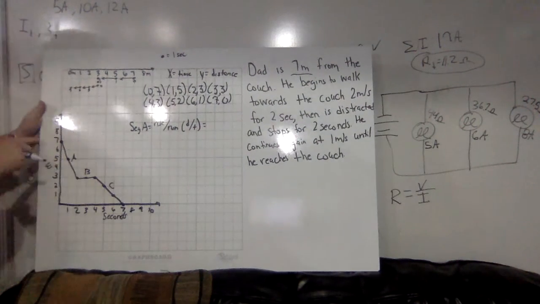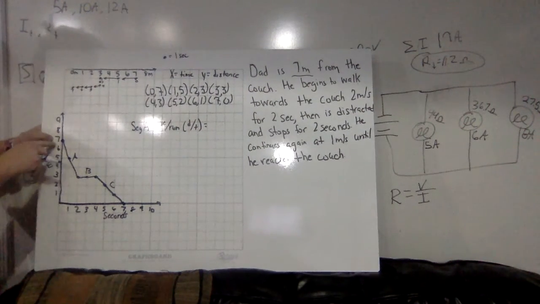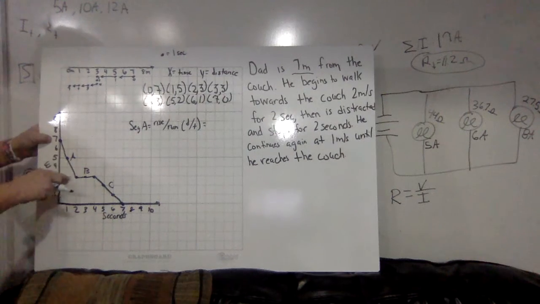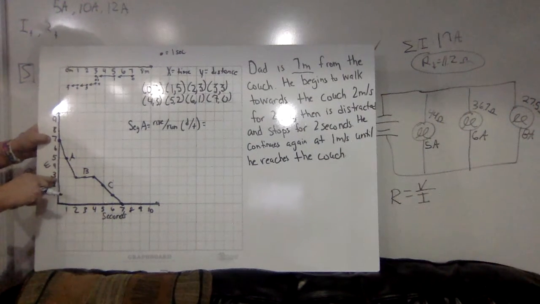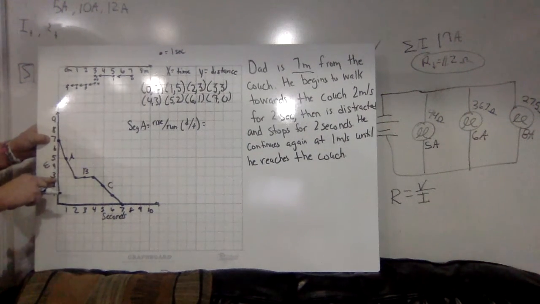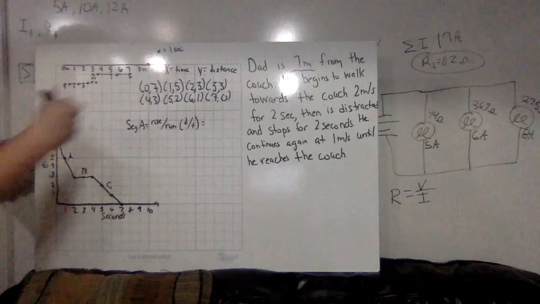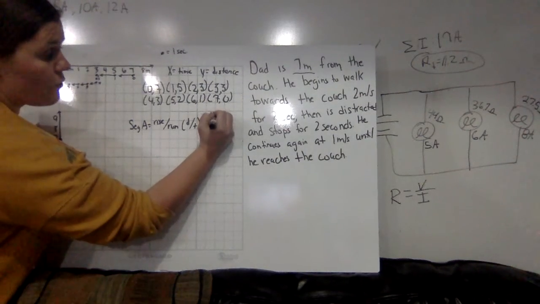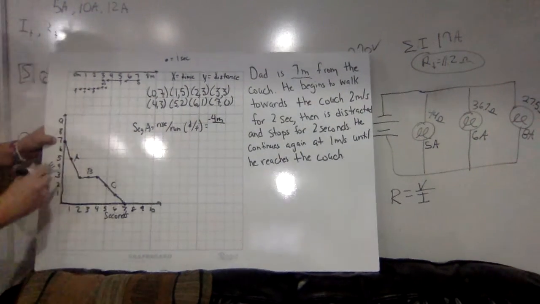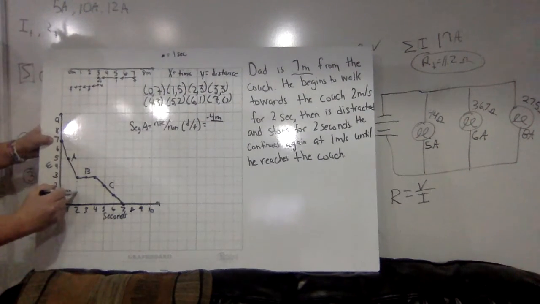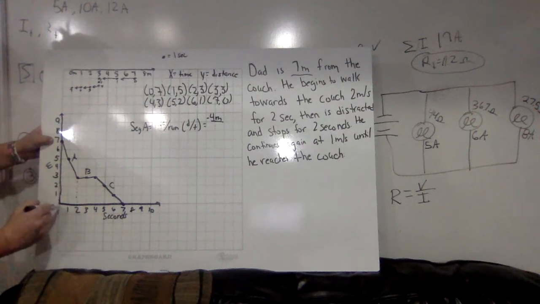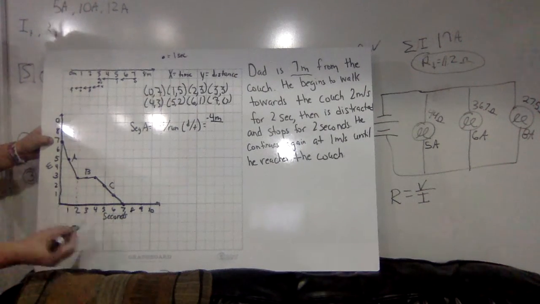For segment A, we went from 7 meters to 3 meters. So we went a total of 4 meters. But we're going down, so I'm going to make that a negative 4 meters. And that occurred over 2 seconds. It's from 0 seconds to 2.